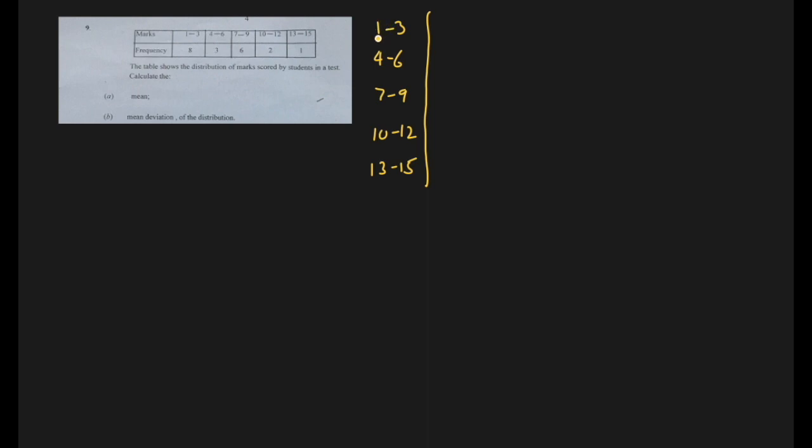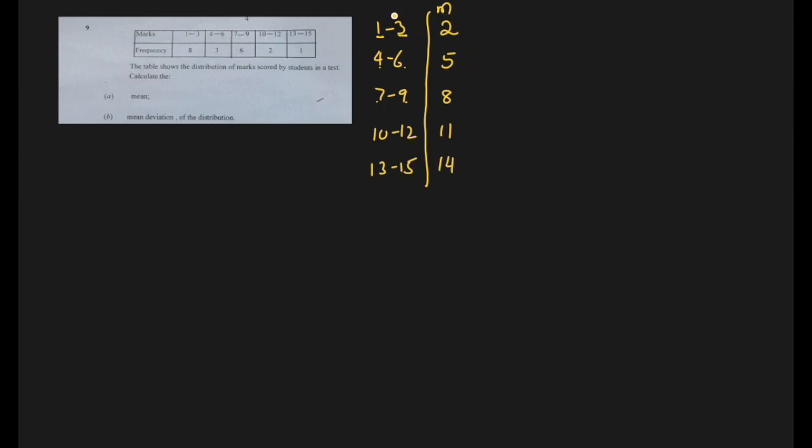So what do we do? We find the average of the two numbers we have here. 1 plus 3 is 4, 4 divided by 2 is 2. So the mean of them is 2, we call it the mid value, m. Similarly, 4 plus 6 is 10, divided by 2 is 5, 7 plus 9 is 16, divided by 2 is 8, 22 divided by 2 is 11, and 28 divided by 2 is 14.